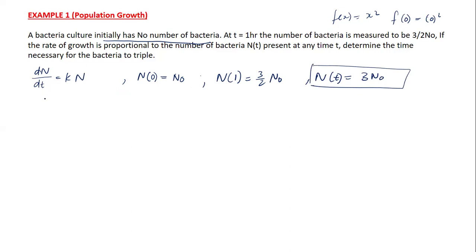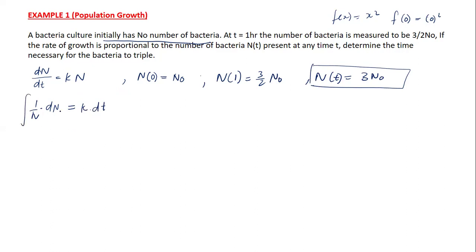So now let's work with the equation. Firstly, we're going to determine the general solution. Which technique are we going to use? We have dN over dt equals kN, so we're going to have dN multiplied by 1 over N when we take N to that side by dividing both sides by N. And on this side, you're going to have k multiplied by dt.